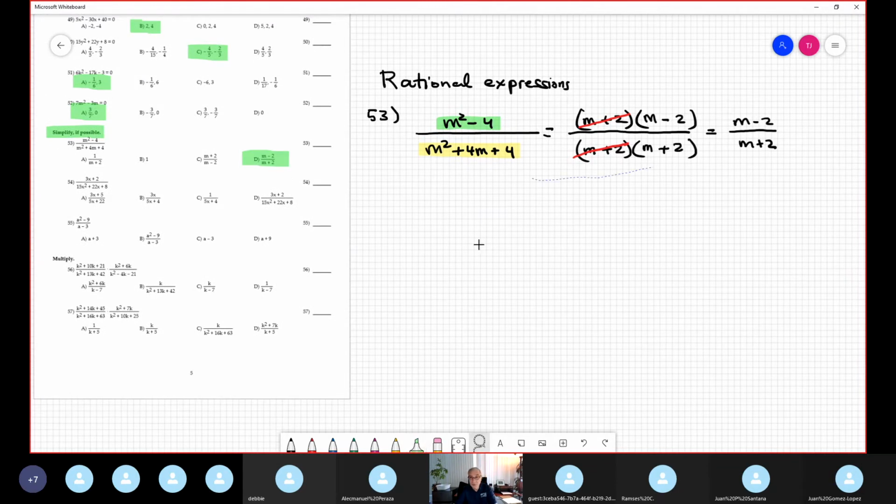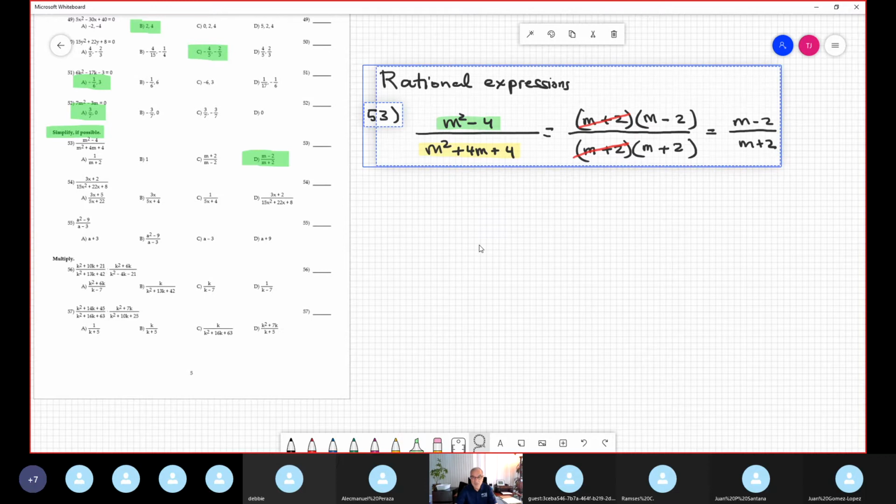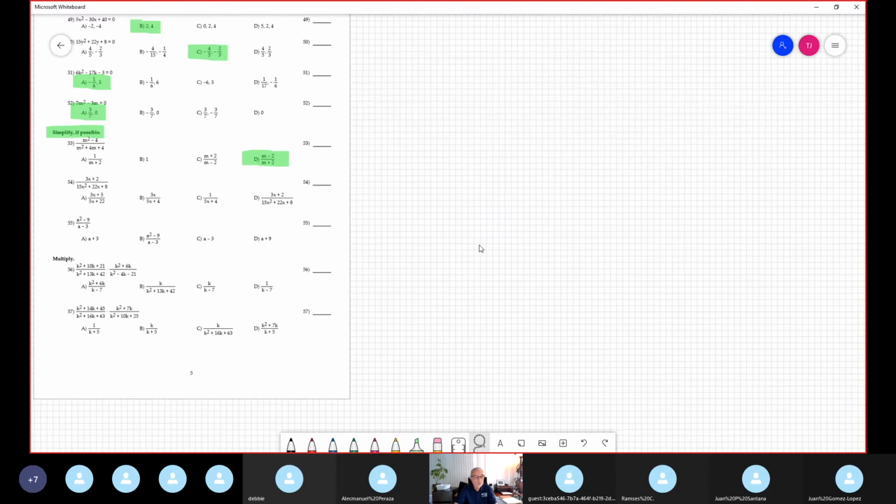You factor completely the top part, factor completely the bottom part, and the factors that are twin brothers, you delete. Why can I delete? Because any factor divided by the same factor gives 1. And one shortcut is delete, because 1 is invisible.